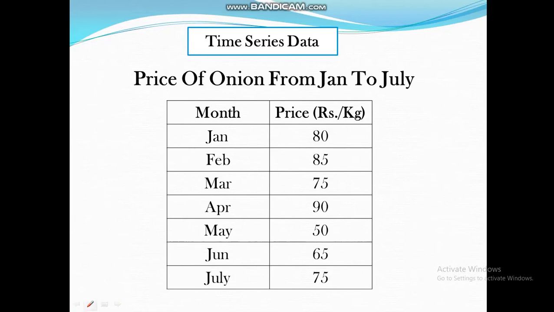Here you can see we have a single variable, that is price, but we are measuring it at different points of time: January, February, March, April, May, June, July. So this is an example of time series data.